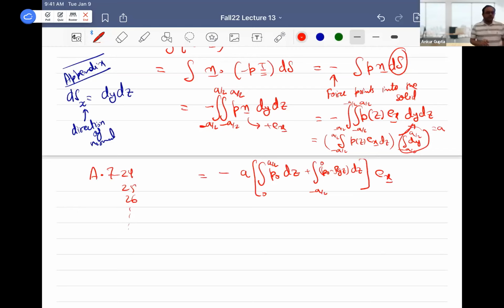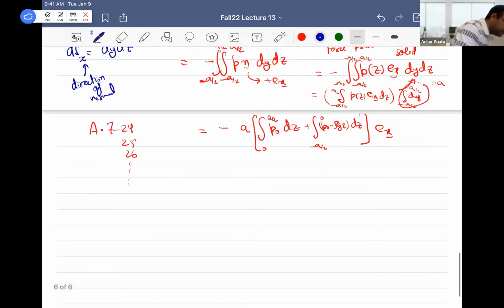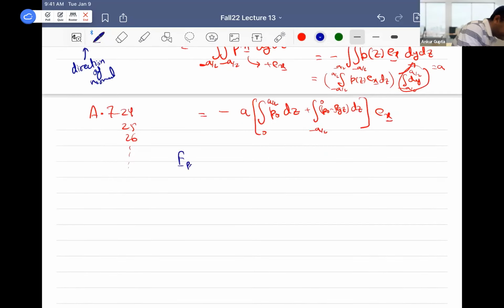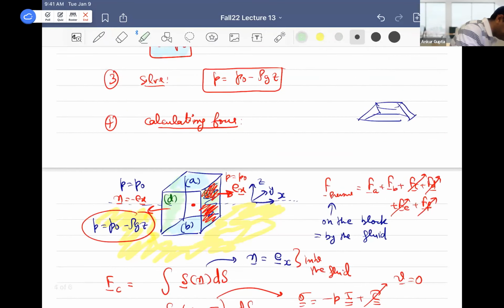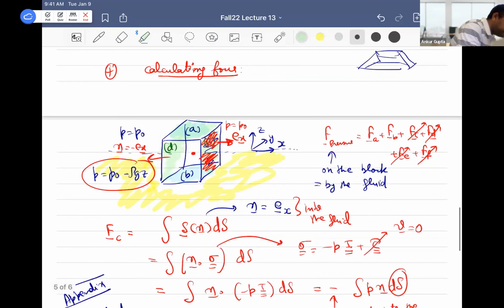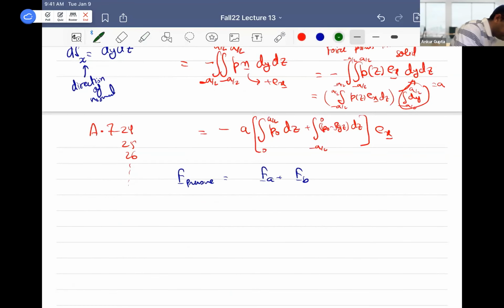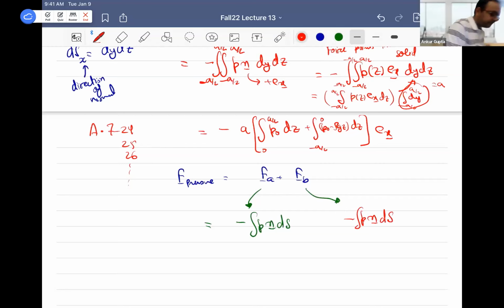All right. So now all we know is F pressure is FA plus FB, and FA is the top surface. I'm not doing the full calculation, but I hope you can see it will come out to be minus P n ds, and this will also come out to be minus P n ds.